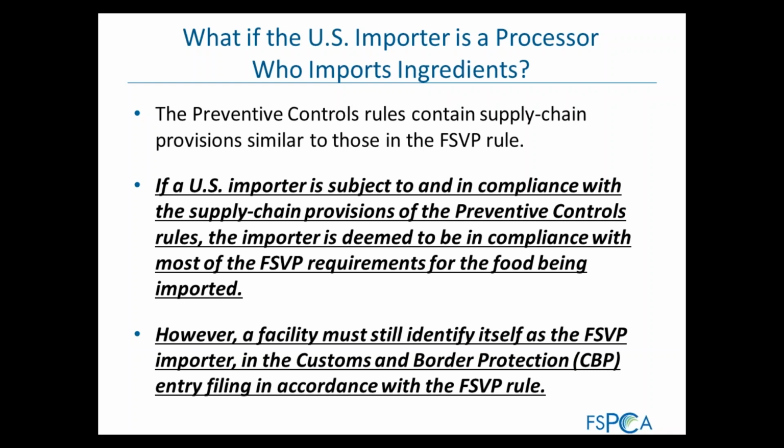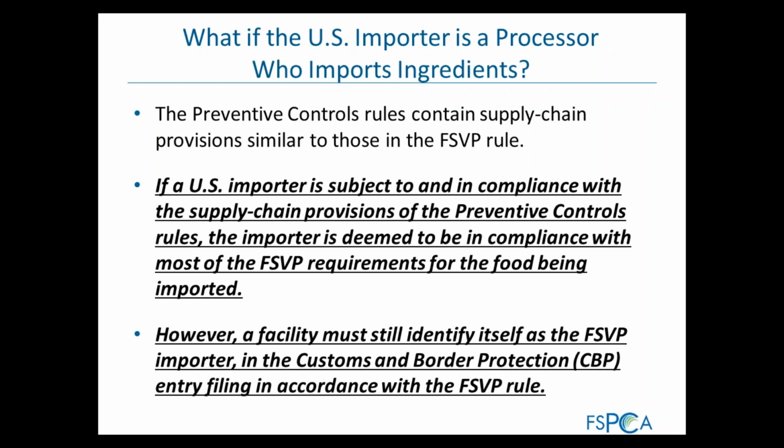So if you are complying, you've written your food safety plan, you've analyzed all of the hazards associated with the raw materials and ingredients that you use in your manufacturing, you are deemed to be in compliance with most of the foreign supplier verification requirements for the food being imported.